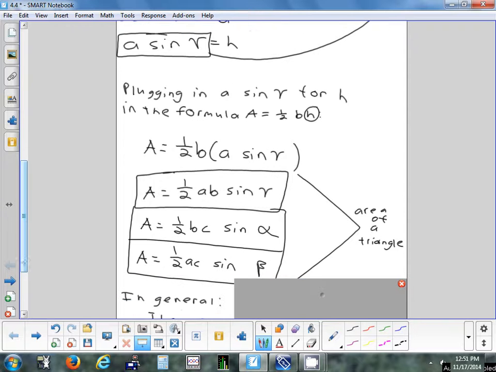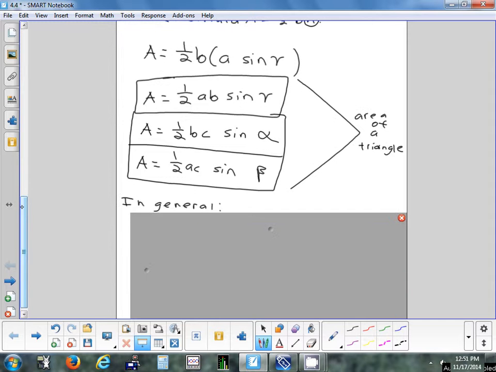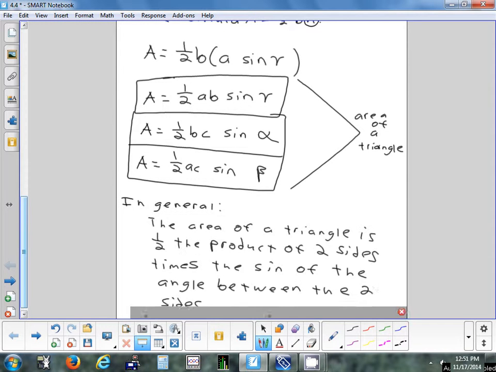And what I try to do, rather than remember all three of these formulas separately, is just remember the idea behind them. And then you can figure out any triangle problem where you know two sides and an angle.